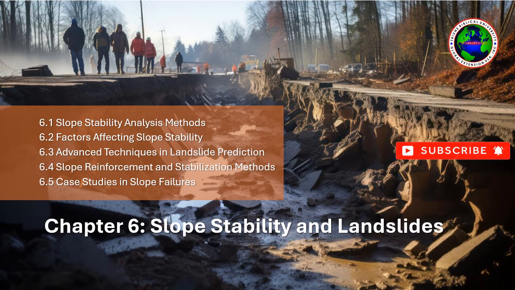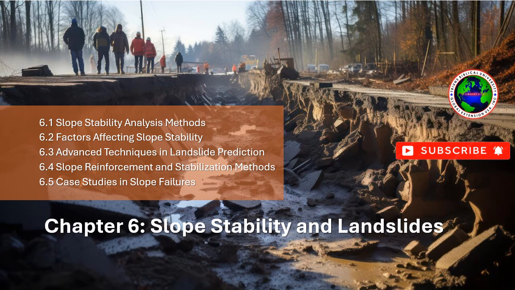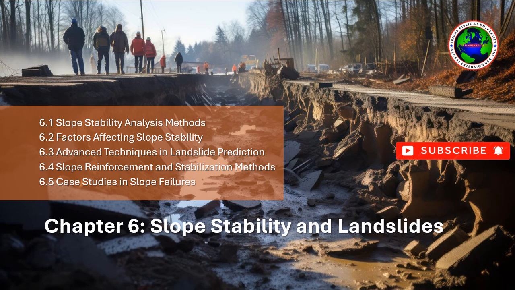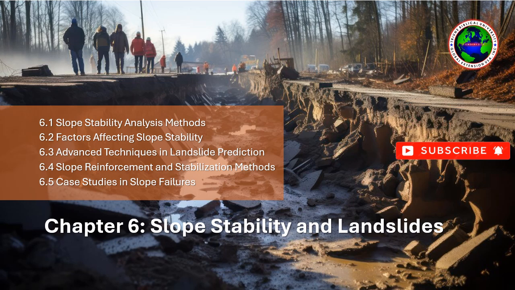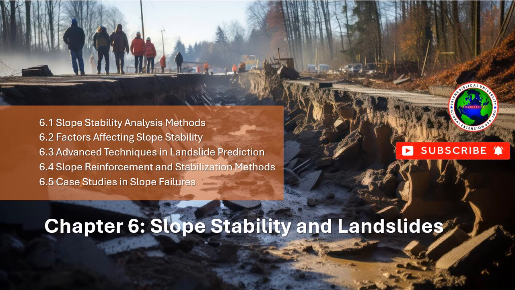Various factors influence the stability of slopes, and a comprehensive understanding of these factors is essential for designing safe and stable slopes, embankments, and structures. In this section, we explore the key factors that affect slope stability, which include geological, hydrological, and environmental aspects, as well as human activities.